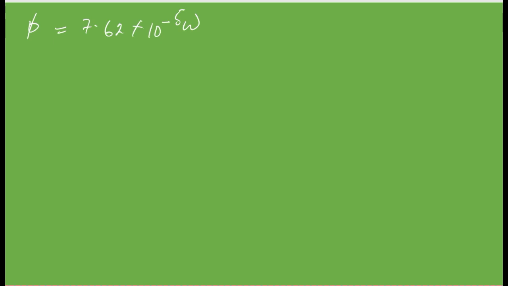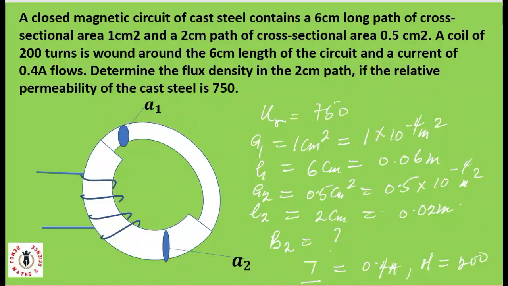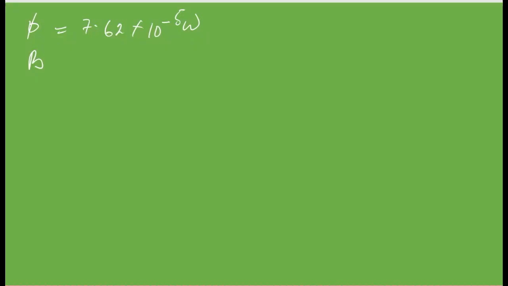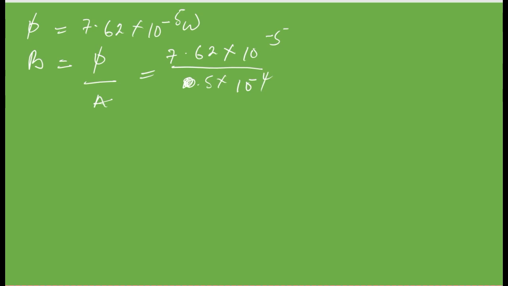Obviously, we can calculate our flux density for the 2 centimeter part. Now, we know that our flux density is equal to flux over area. That's equal to 7.62 times 10 raised to the power minus 5 over area, that's 0.5 times 10 raised to the power minus 4.